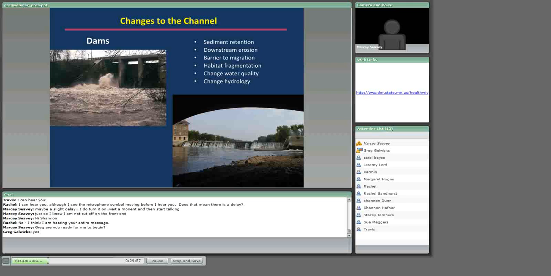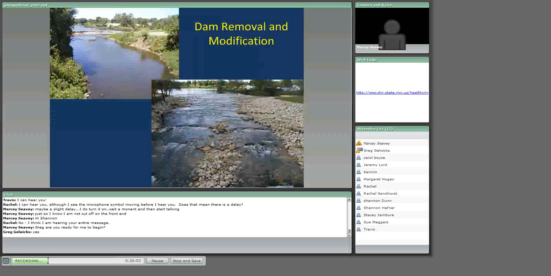One of the tools that has been used for several years in other states, and more recently we're just getting started with some of it in Iowa, is dam removal and modification. This example is the Turkey River at Cresco, where the dam was modified and converted into what they call a rock arch rapids, which allows fish passage, but also improves safety near the dam.